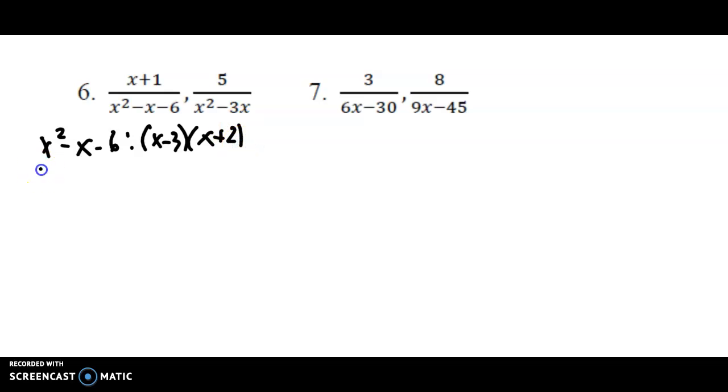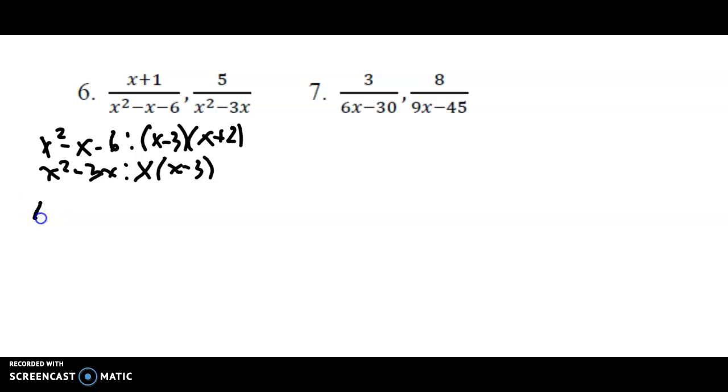The second one is x squared minus 3x. They have a GCF of x, so pull that out. And then I'm left with x minus 3. And that can't be factored any further, so those are my two completely factored.